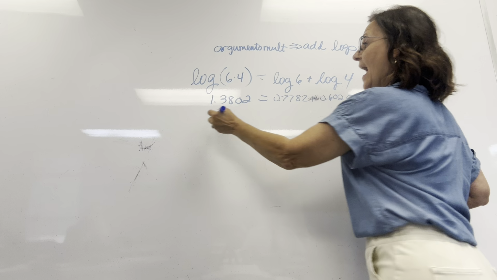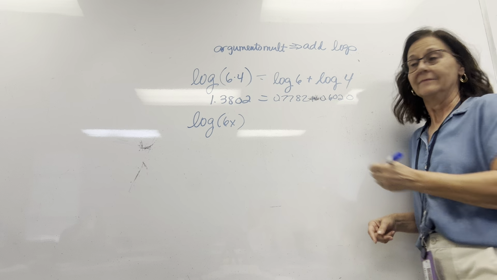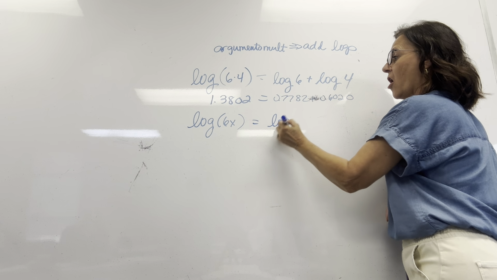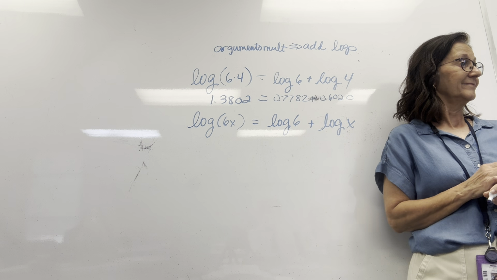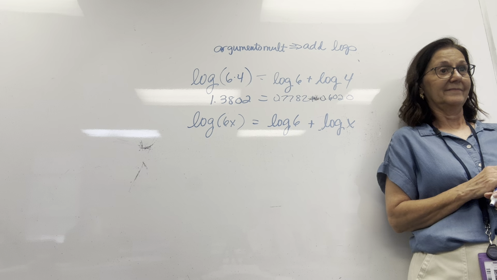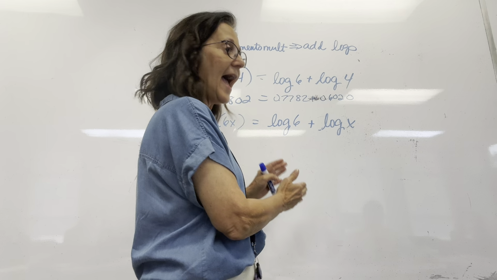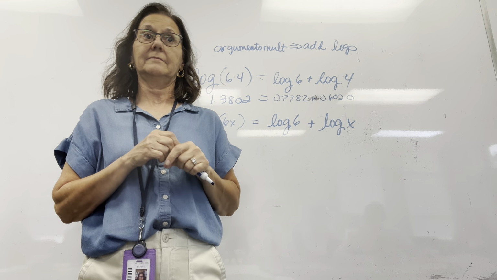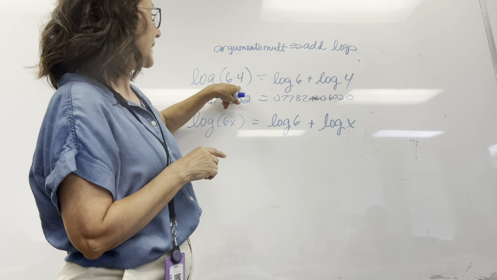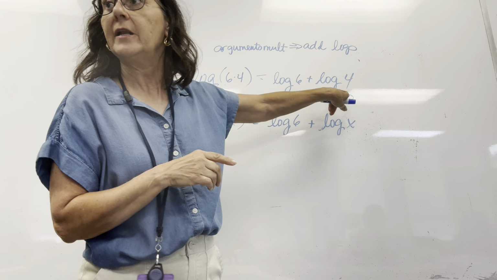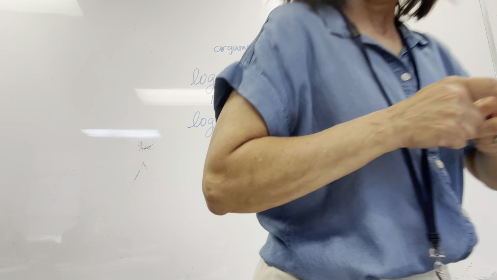So if I have the log of 6x, then that can be the same as the log of 6 plus the log of x. All right, so when arguments are multiplied, I can add individual logs. Got it? So multiplication of arguments is addition of logs.